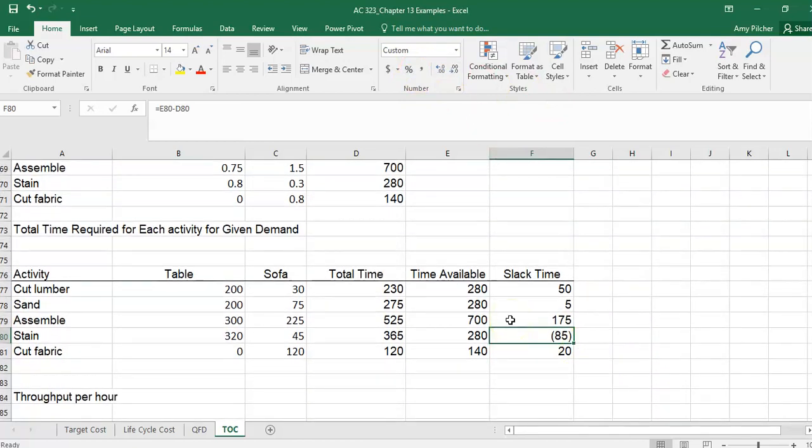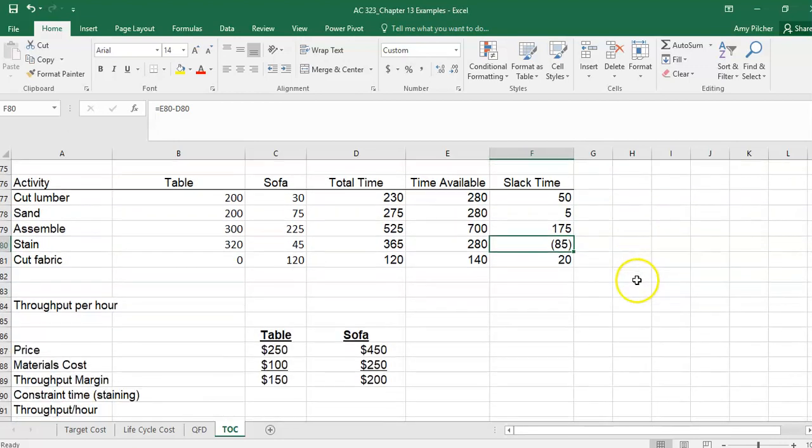So we have a higher demand for total hours of staining than we have available for us. So there are different things that we can do. One, we could hire another person in staining to increase the number of hours to make demand. The other thing that we can do is look at our production to make sure that we're using the highest throughput per hour for that constraint.